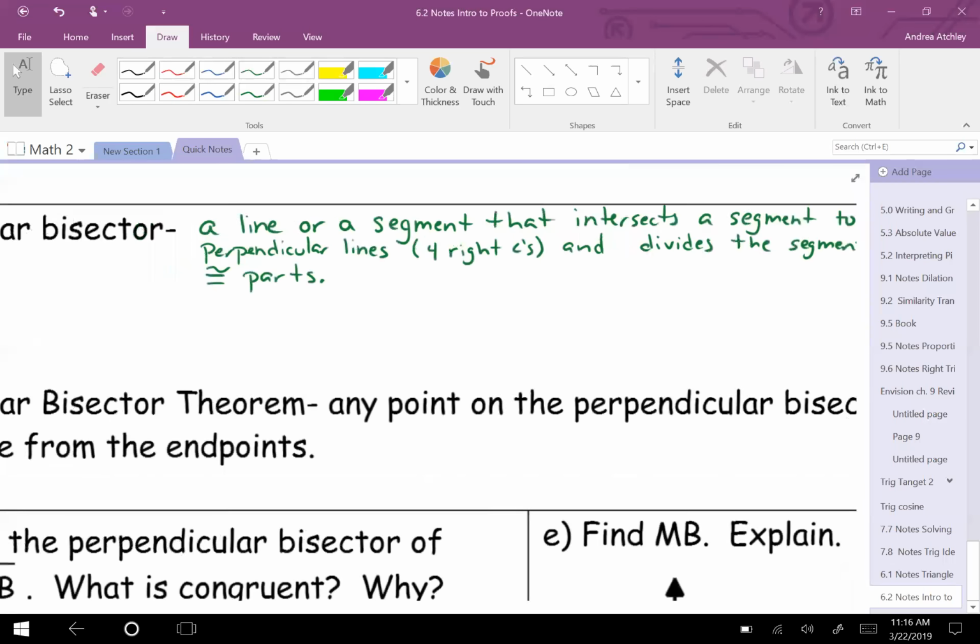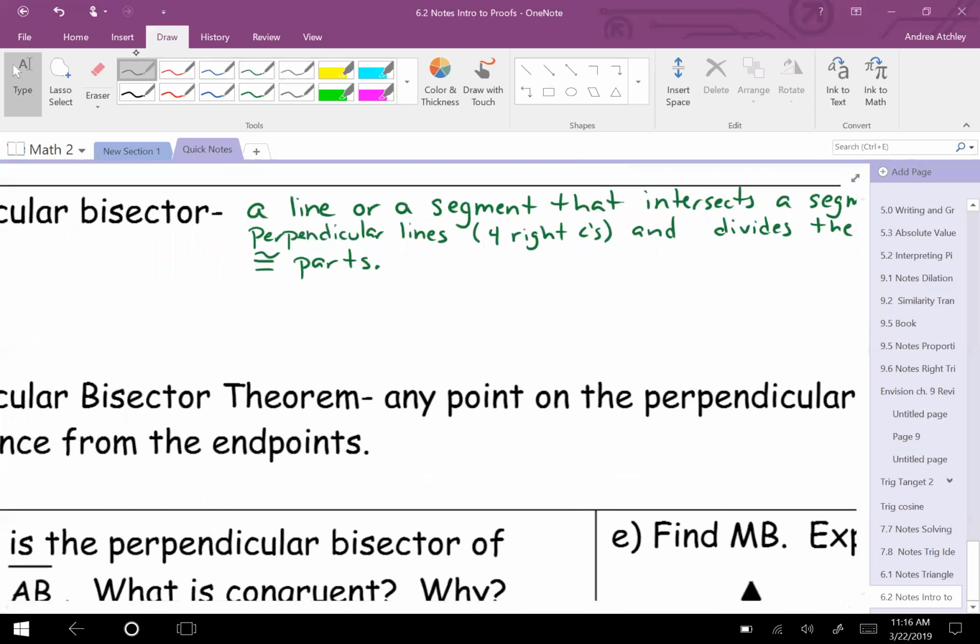Okay, so we're going to draw an example of this. I'm going to label this AB. I'll label this CD.